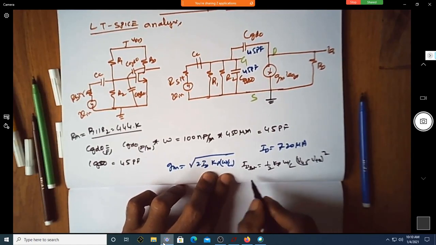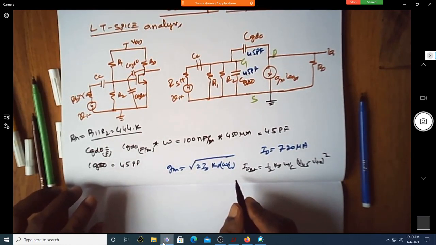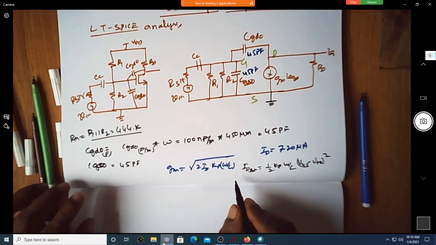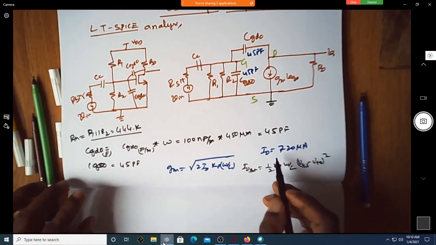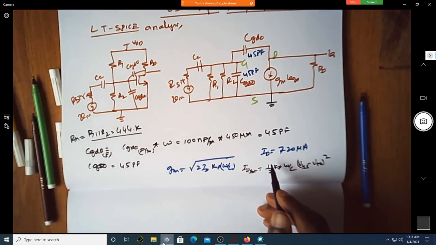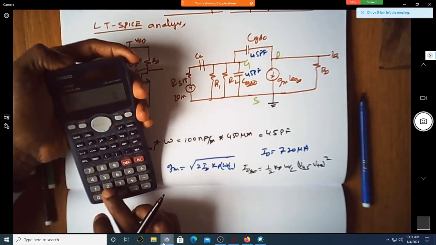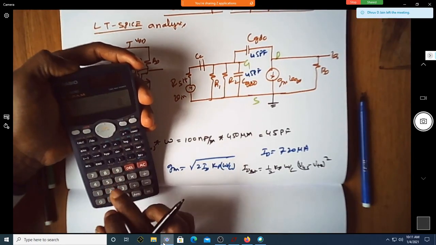So what is gm? gm is 2.54. Yes, sir. Millisiemens. How about this ID? Is it 720 micro? Yes, sir. W by L 45. Yes, sir. 45. Let me just verify it.